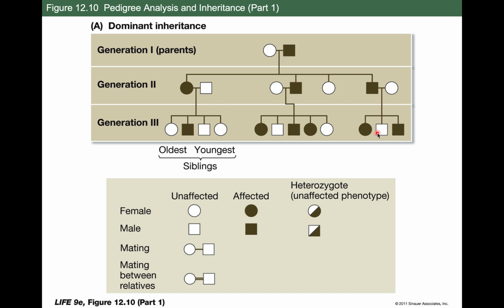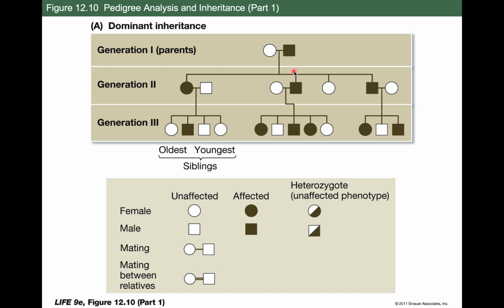Then we could go on to the next generation. So however many generations of information you have, you could include in one of these pedigrees. But really the point of one of these pedigrees is to try to look at the inheritance of some particular trait, or maybe it's a genetic disease that runs in that family.